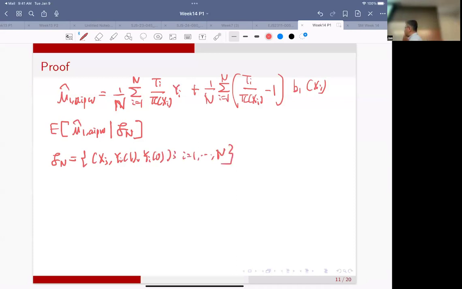So this is a finite population quantity. If you condition on the finite population quantity, the only thing random is ti. That means you are taking the conditional expectation over ti.